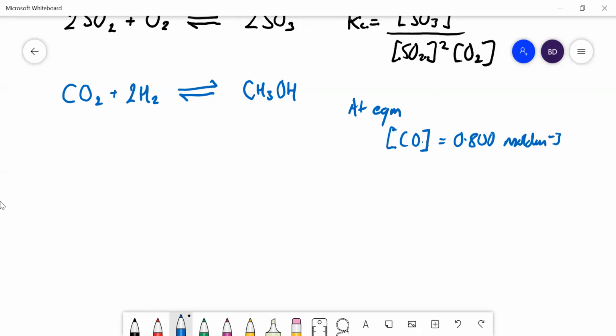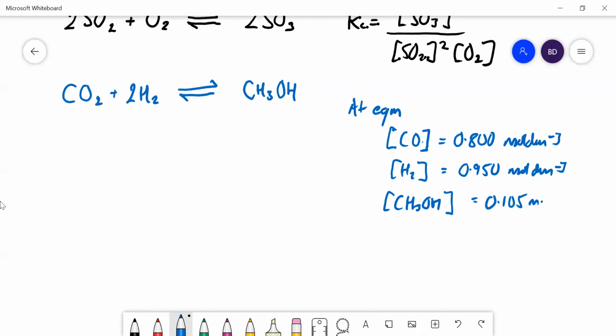The concentration of the hydrogen is 0.950, and the concentration of the methanol is 0.105 mole per decimeter cubed.